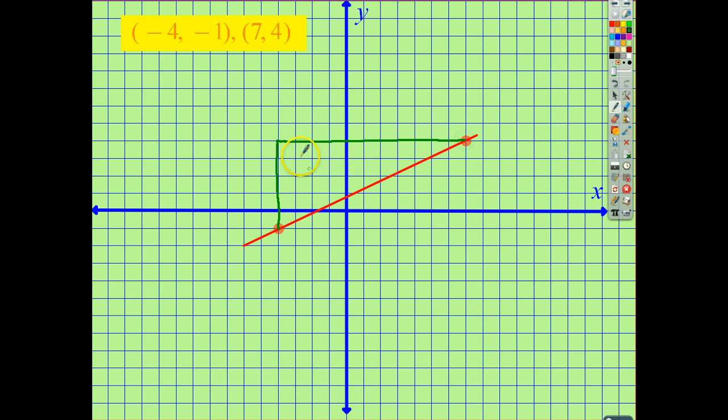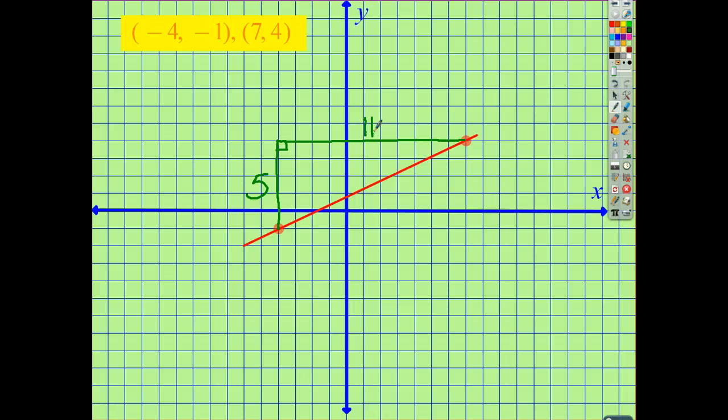Really we can just count. 1, 2, 3, 4, 5, so this is going to be 5 units, and this one then is 1, 2, 3, 4, 5, 6, 7, 8, 9, 10, 11 units, and then we use this to find the distance.